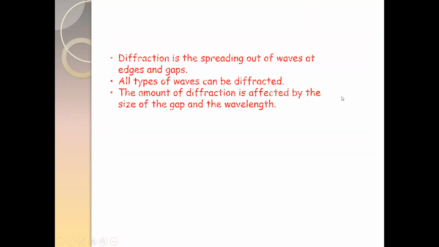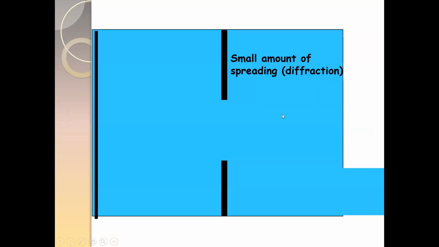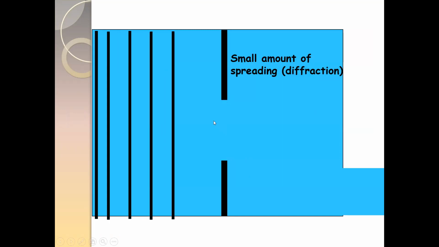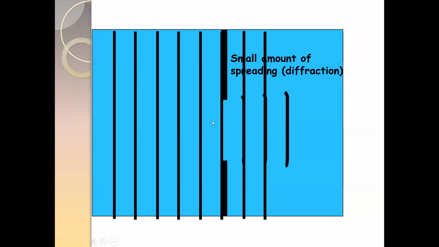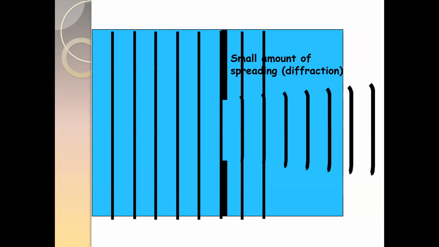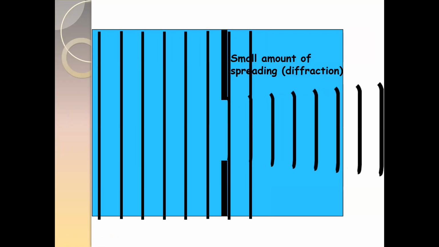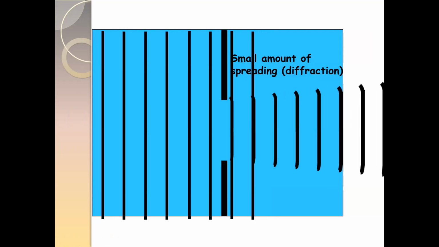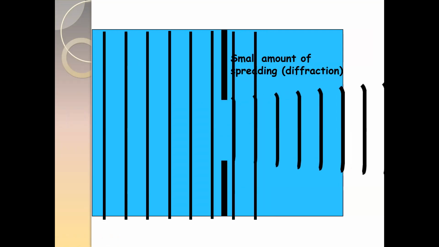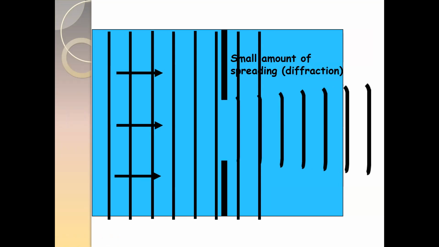For example, as you can see here, when the wave is passing through a gap, this is a large gap. So when the wave is passing through a large gap, we will see a small diffraction, a small spreading of the wave.